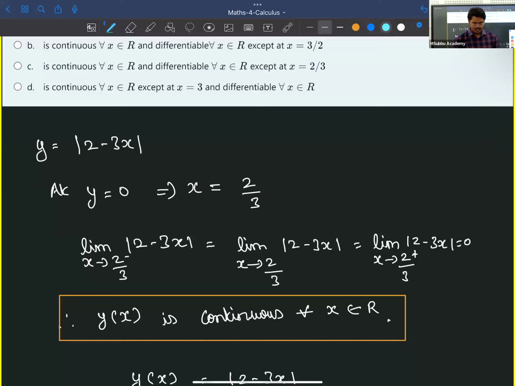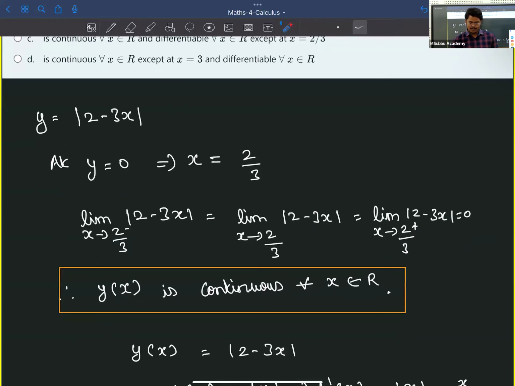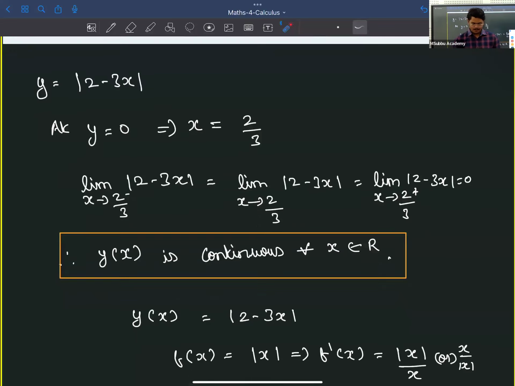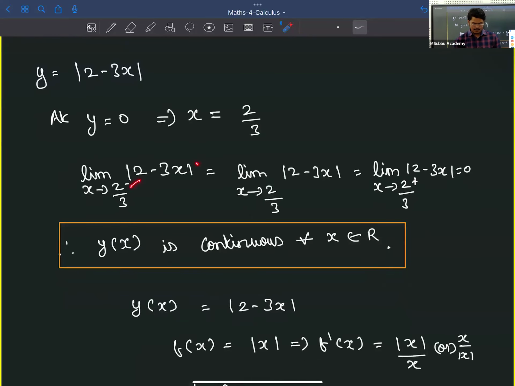The function we got here is mod of 2 minus 3x. When we take mod of 2 minus 3x, it is 0 at x equal to 2 by 3. At that particular value of x, just before 2 by 3, at 2 by 3, and just after 2 by 3, we will get 0.